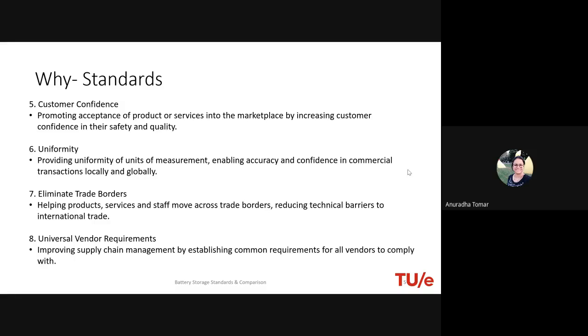So if a product has some standardization mark on it, then definitely it gains additional attention in the market. Customers have more confidence in such kinds of products, and it increases the market visibility or the sales of that particular kind of product. So that's why it is also important.